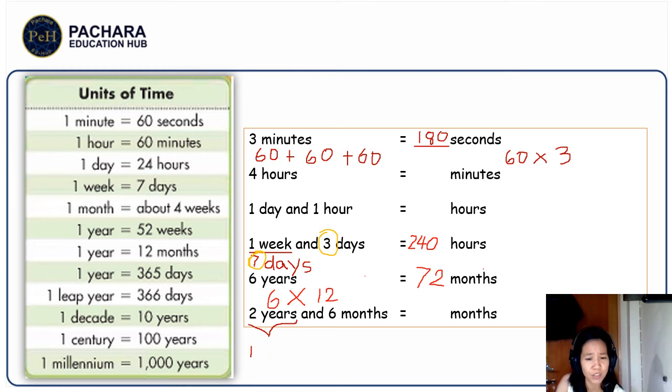Great job. No need to write that one. 24 months, MOS for short. So 24 months plus 6 months is equal to 30 months.